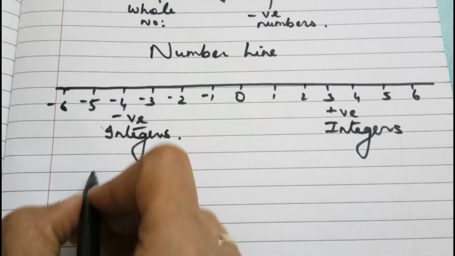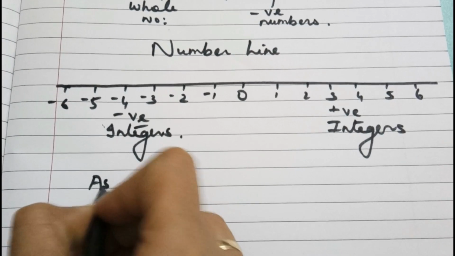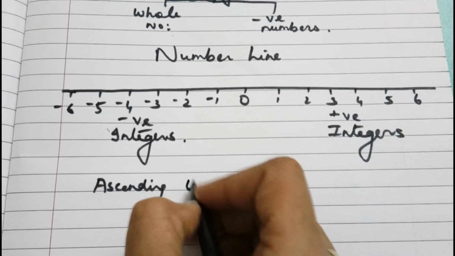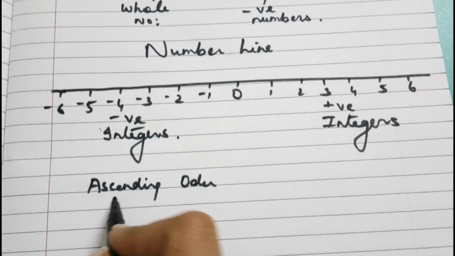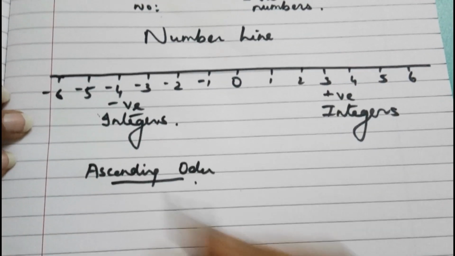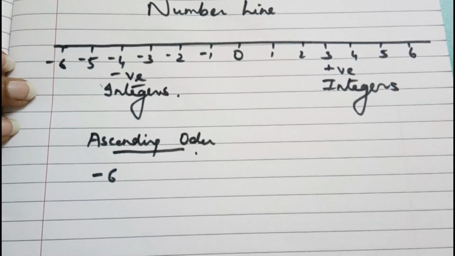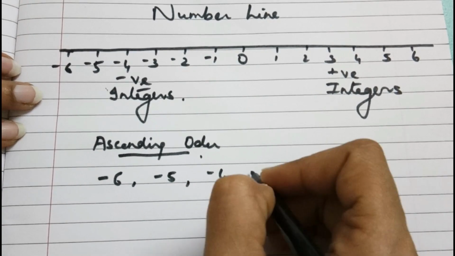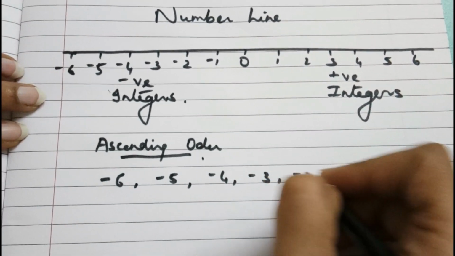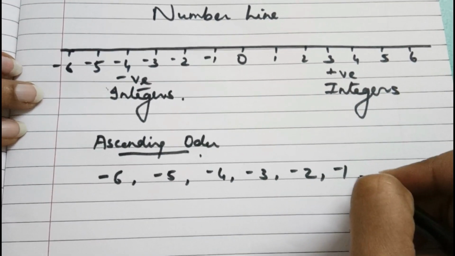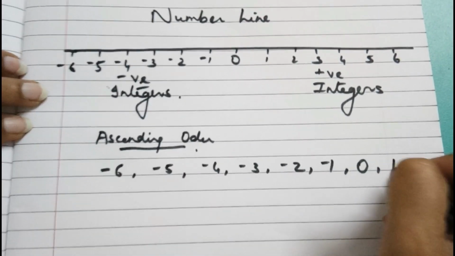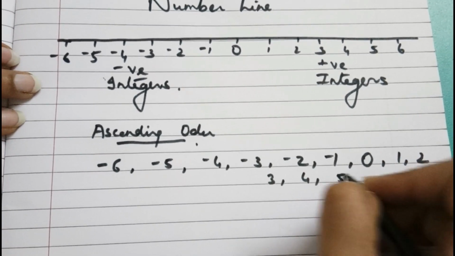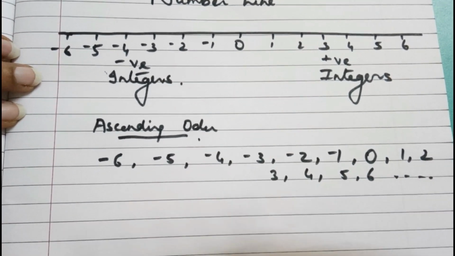Say for example, if we need to write the ascending order of this format, how would we do that? It would start from -6, -5, -4, -3, -2, -1, 0, 1, 2, 3, 4, 5, 6 and so on.